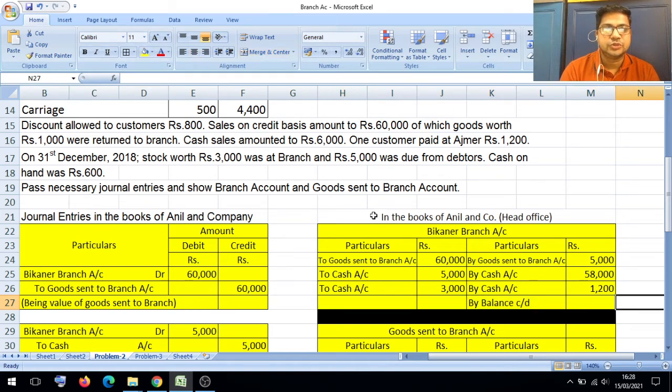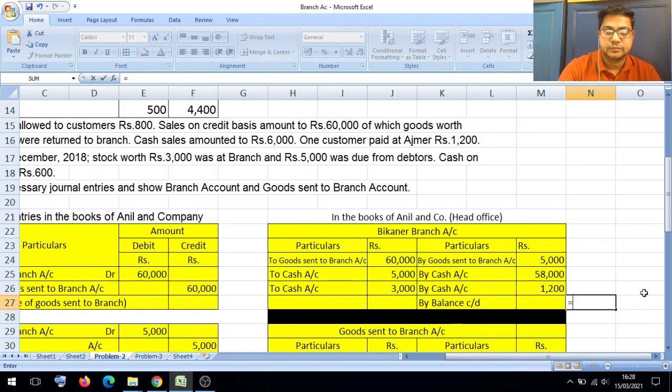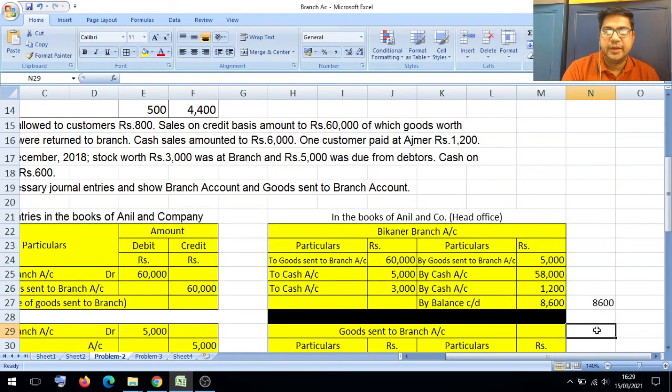It includes 3,000 plus 5,000 plus cash 600. The total will be 8,600. The closing stock we should write 8,600. How will it come?